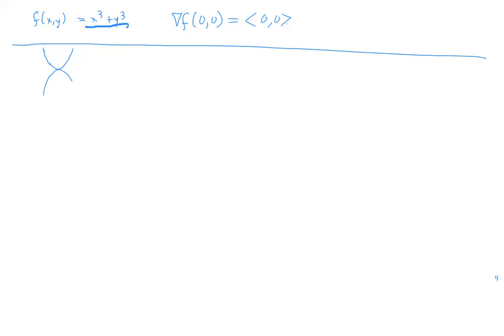And basically, you have a configuration, at least as far as a surface is concerned, that looks like a saddle. If you imagine how a saddle looks like, then you will have exactly that kind of situation.